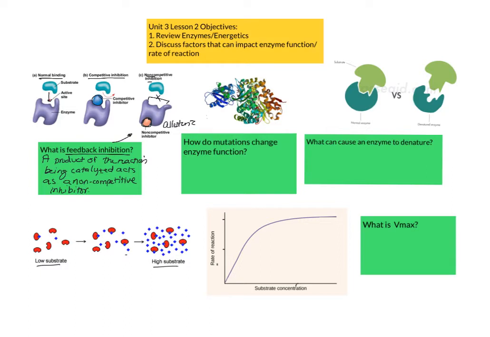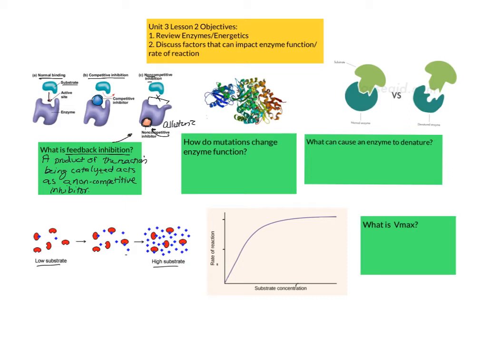If you have an enzyme that's catalyzing a reaction, turning the substrate into the products, when that reaction has occurred sufficiently and there's a good amount of the product, it would make sense that one of the products of the reaction could serve as a non-competitive inhibitor to slow down the activity of the enzymes, right, by binding to that allosteric site and preventing that reaction from continuing.